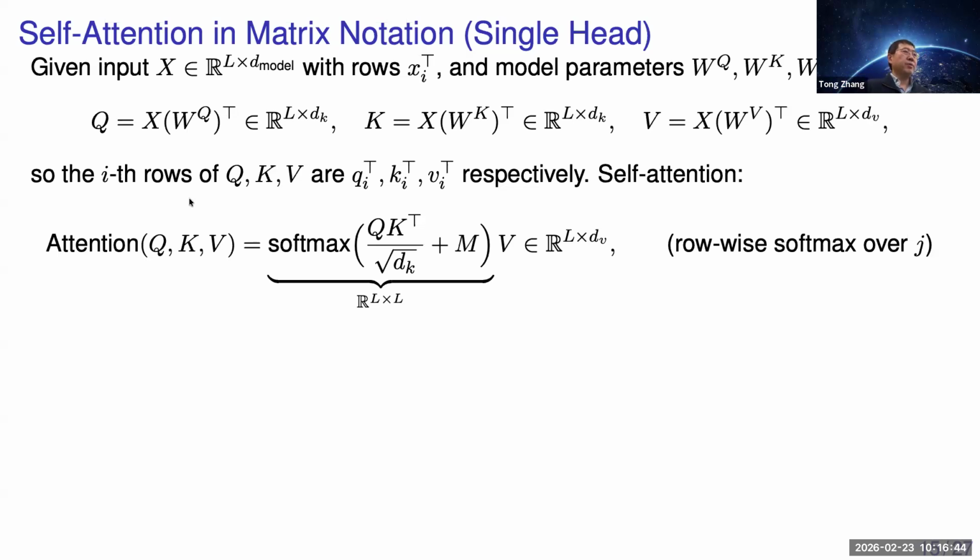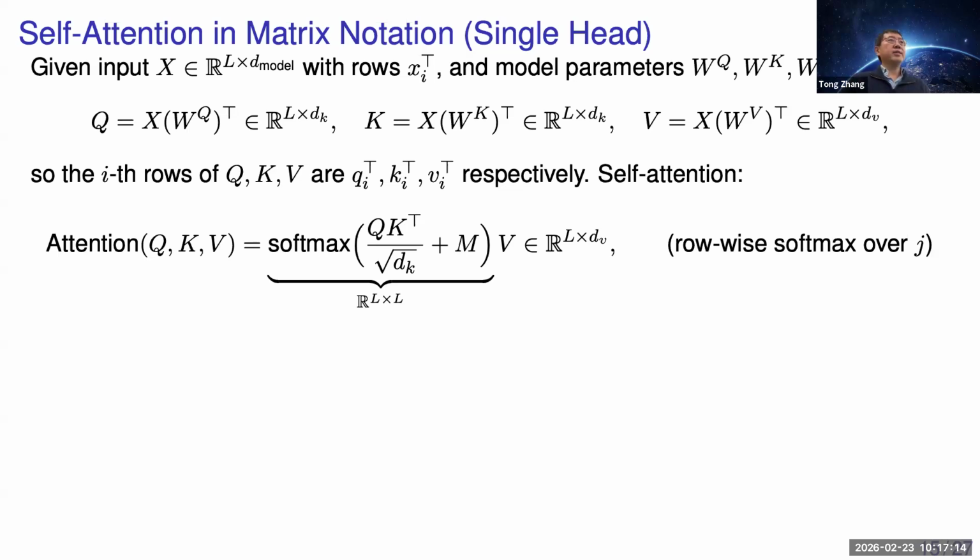And then you apply this attention mask and do attention. The attention formula will be a row-wise softmax. And the softmax of QK transpose turns out to be L by L. It's like an attention matrix, L times L. And this one is a bidirectional attention.